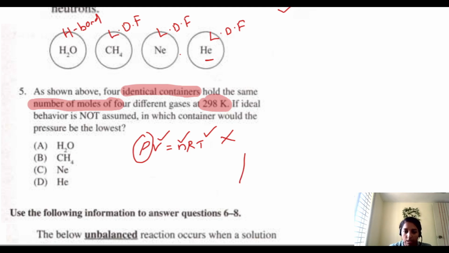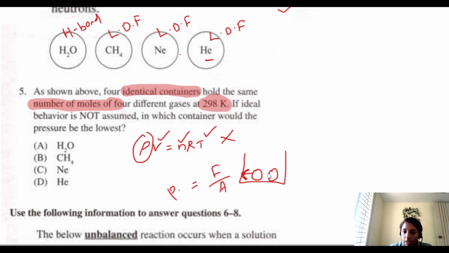So if the IMF is higher, what happens? What do you mean by pressure? Pressure means the force exerted by the molecules on the walls of the container, right? This gas molecule will exert a force on the walls of the container. That force per unit area is what we call the pressure.